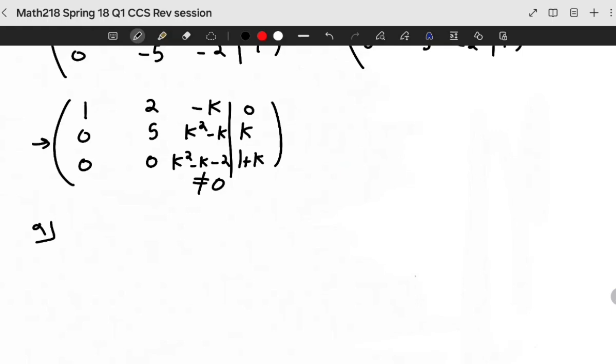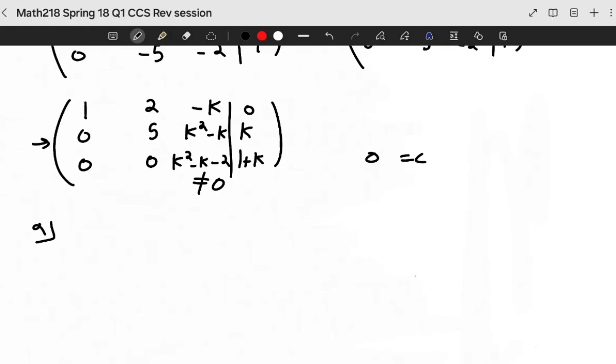Because if the coefficient of z is some non-zero value, then I have 5z equal to some constant depending on what the value of k is, then z is equal to c over 5. So I can solve for z, and then I can go upwards and solve for y and x eventually. But if this was equal to 0, then I would have 0 equal to c, and then I would either have no solutions if c is non-zero, or infinitely many solutions if c is 0.